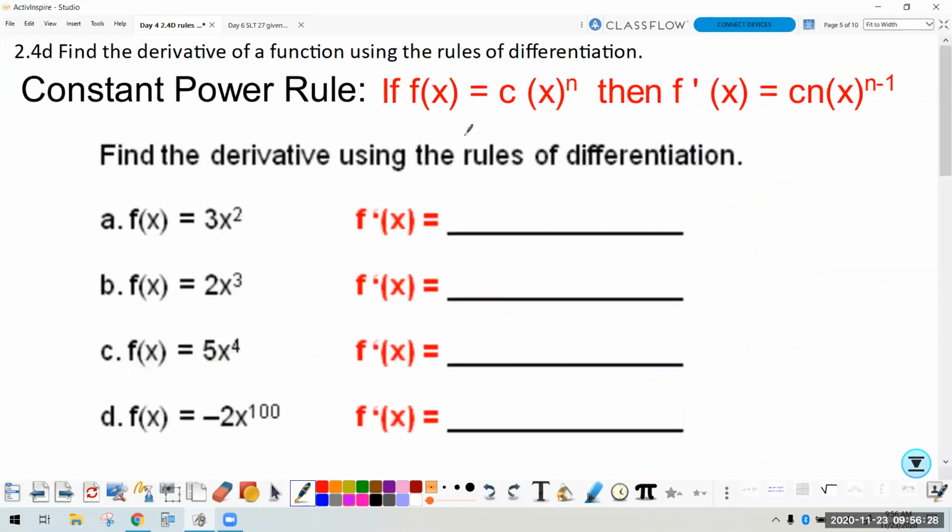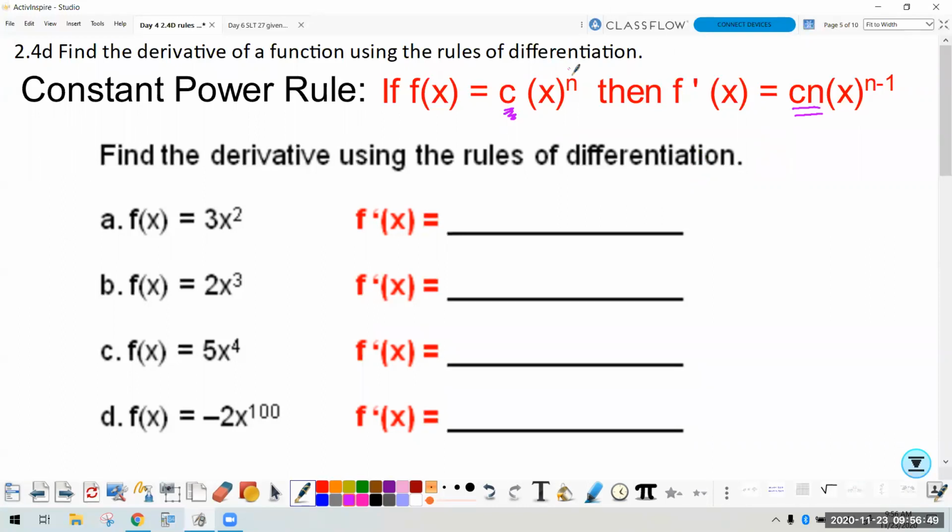Okay, so now the constant power rule. It works the same way as what we were just doing, except if you have a coefficient now, the derivative, you have to then multiply your coefficient and power for the new coefficient.